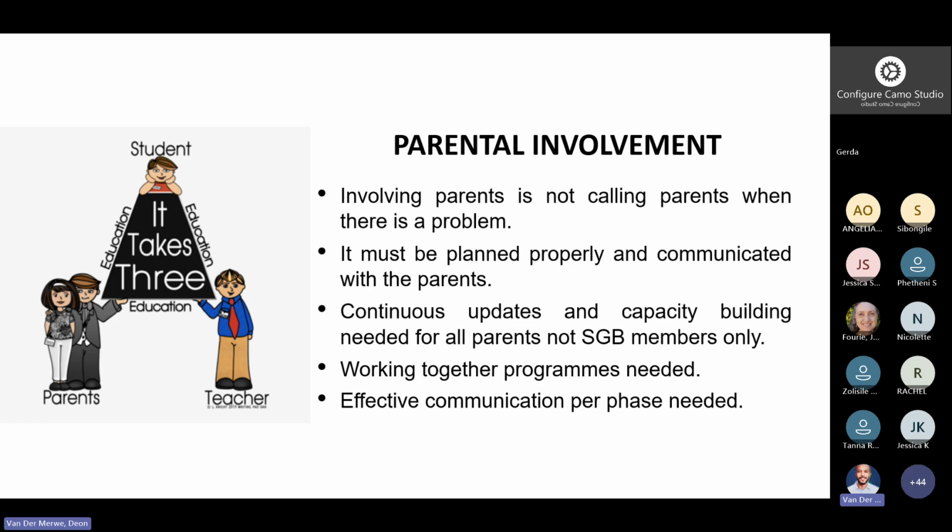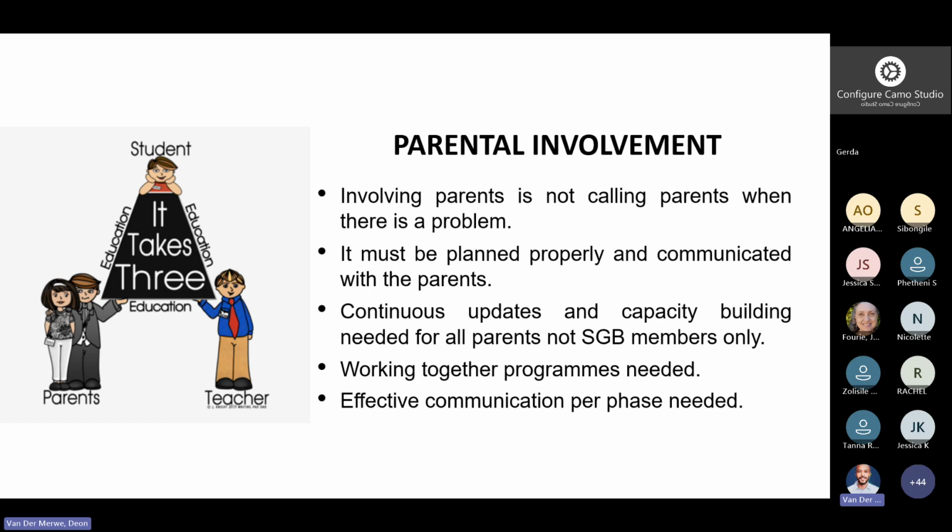I think educators need to make it a way of life where relationships are established with learners' parents at the beginning of the year so that parents can be involved and part and parcel of the learning process of their child.